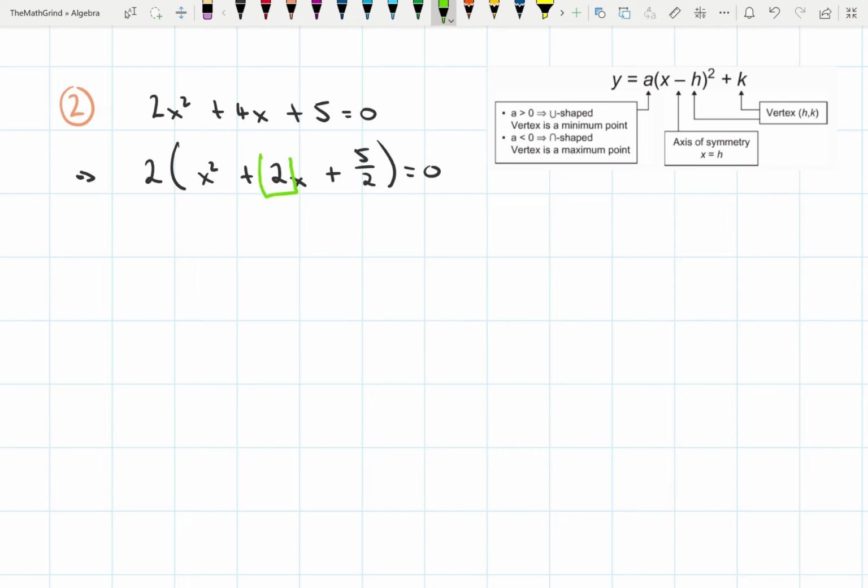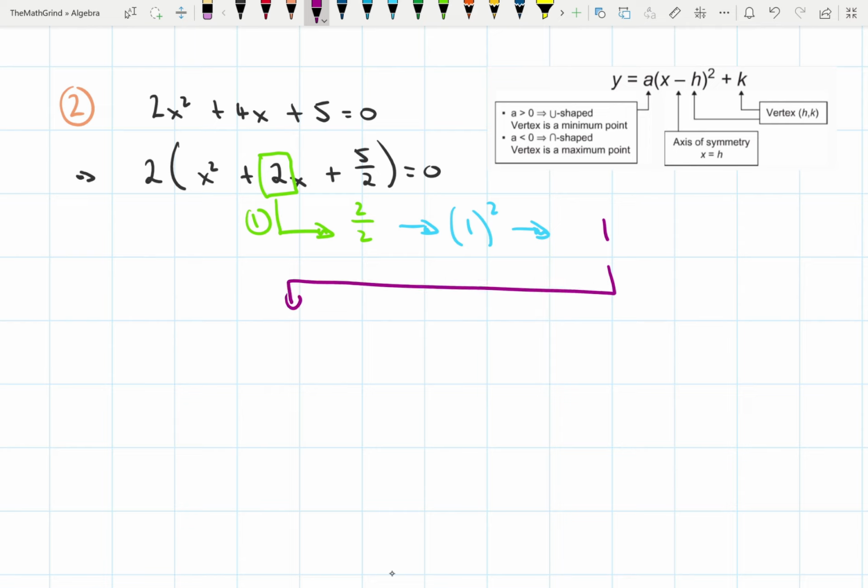So I'm going to take that 2, first thing, and I'm going to divide it by 2, or get a half of it, and that leaves me with 1. Then you always take that value that you get and you square it, and 1 squared is fairly straightforward, it's just 1 again. And then remember, we took that and we added and we subtracted it as the third step.